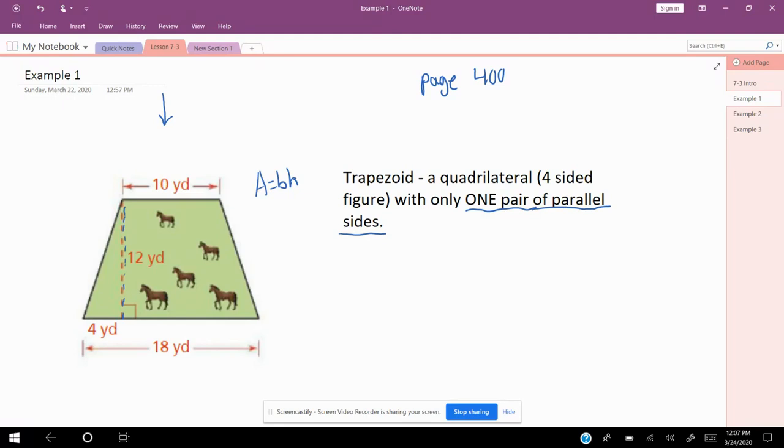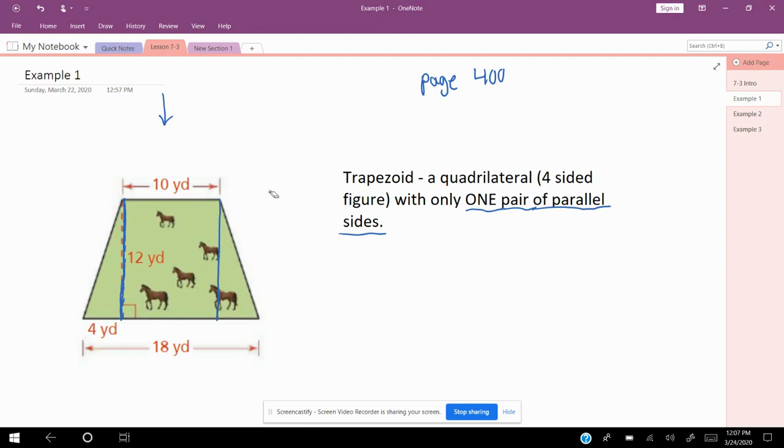I'm going to be looking for parallelograms and triangles. So first, I see I can make a nice triangle over here. So I have one triangle. Then if I look over here, I think if I draw a line down, I can make another triangle. So now I have three different shapes. I have two triangles and one rectangle, one parallelogram.